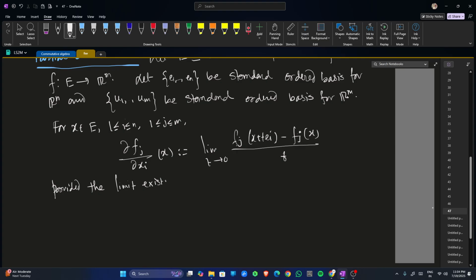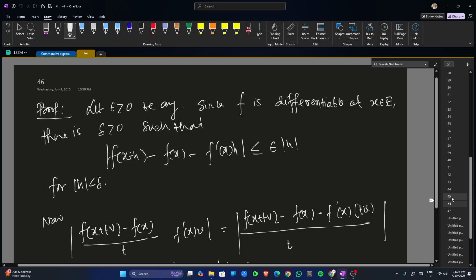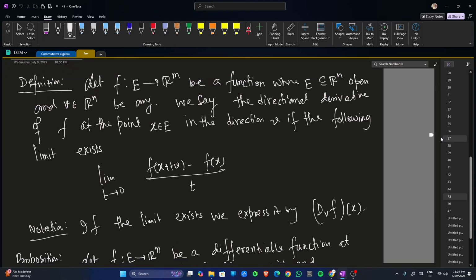Basically, suppose your function is real valued, that is m equal to 1, then the directional derivative which we defined earlier in the previous class, yes, this one. So basically directional derivative in the direction of a standard ordered basis vector: if you take v to be 1 0 0 0, that is e1, then it will define del f by del x1.